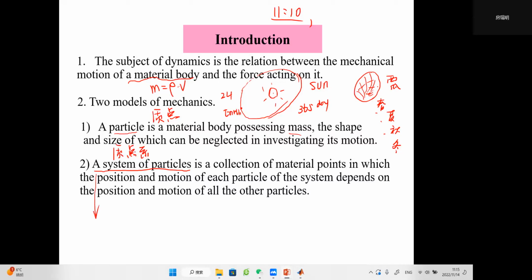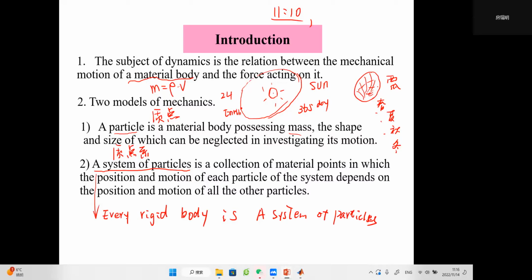You guys should know that every rigid body is a system of particles. So you guys can think about that.